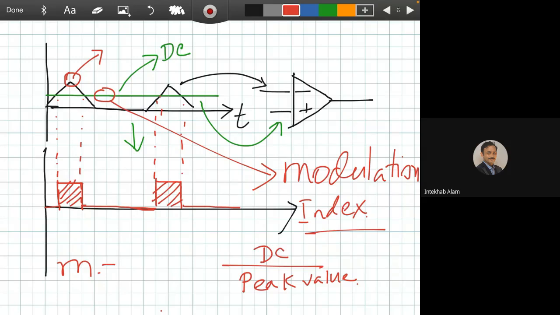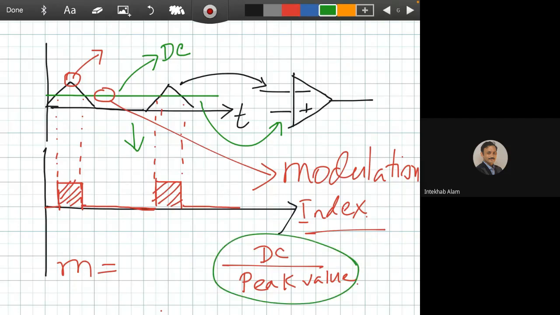I am giving you the exact modulation index. In our book Power Electronics, the modulation index is defined like this.